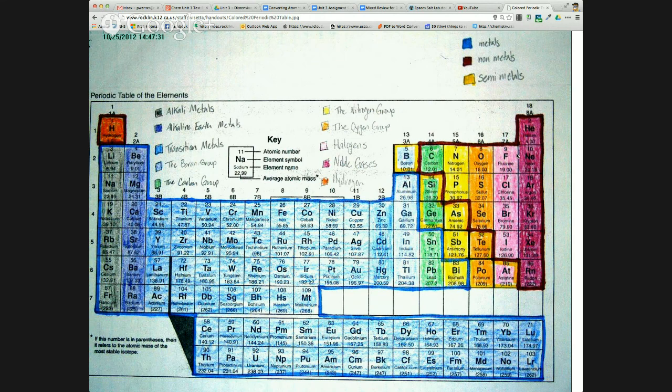Is it going to gain or lose electrons? You look over here and say, it's way above 4. It's going to round up. It only needs 1 more to become stable to fulfill the octet rule. So it's going to gain 1 electron. Electrons are negative, so it's -1. Okay.